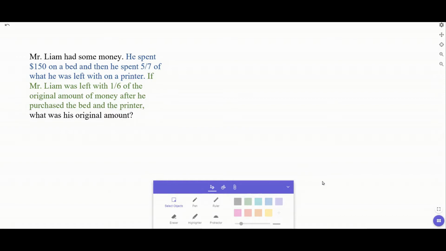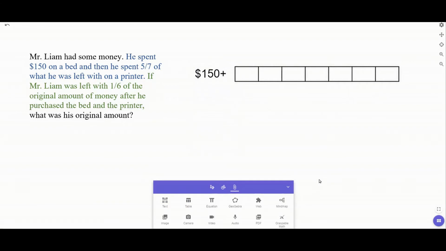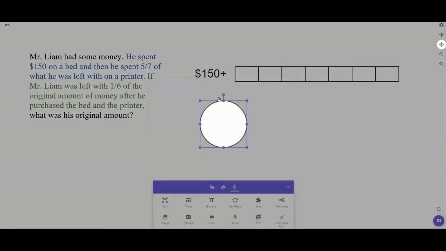So I'm going to focus on the blue part of the problem where it says he spent $150 on a bed. Then he had some money left. He spent 5/7 of that amount on a printer. So let's say this is the original amount of money.